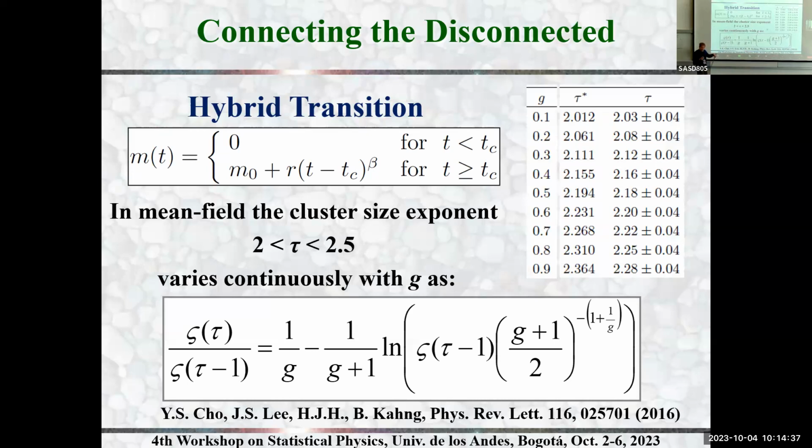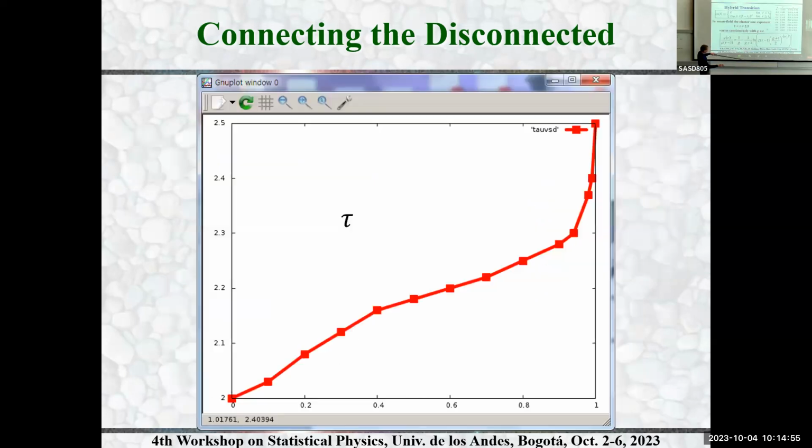Just to give you an idea of what kind of calculations can be done. So what you see there is how tau depends on G. Solving this equation is shown in the last one. This is how the equation then looks like.